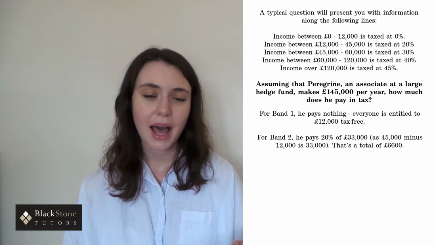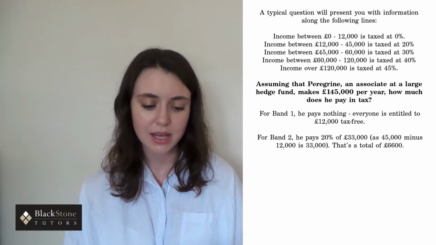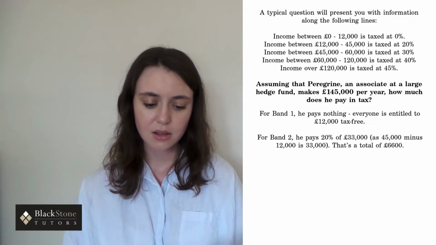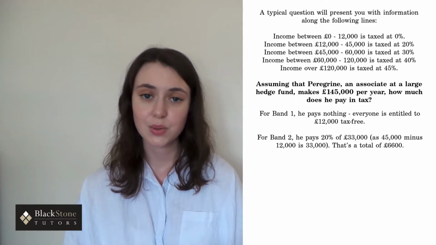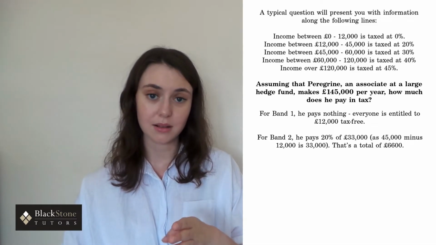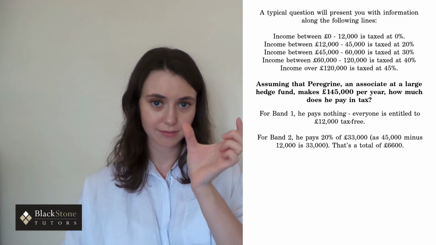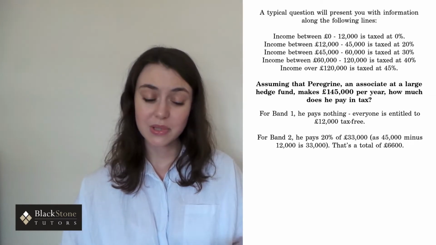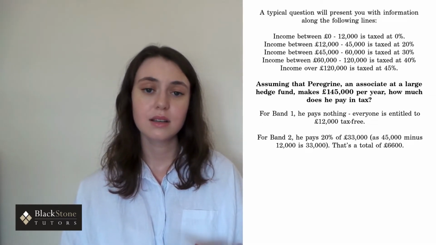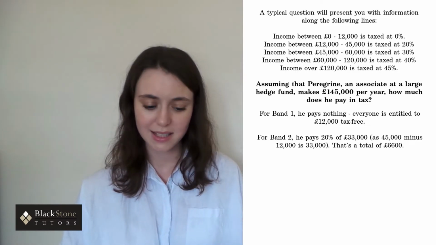Then we move on to band 2. In band 2, he has to pay 20%. So 20% of £33,000, which is basically that £45,000, take away the base £12,000 for that band of tax. 20% of that is going to give you £6,600.